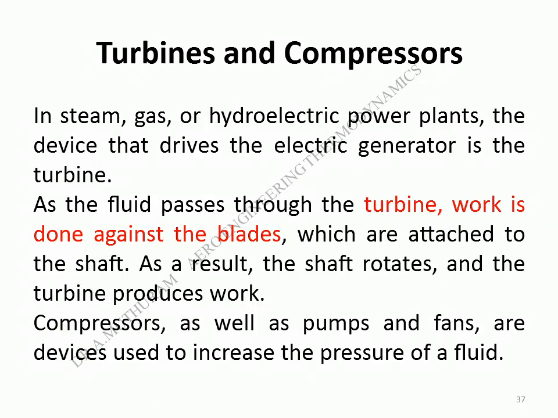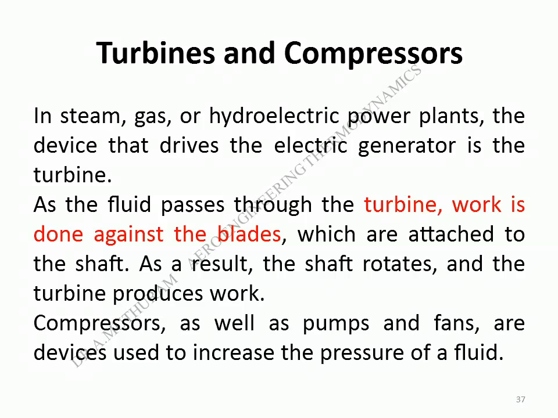Turbines and compressors. In steam, gas, or hydroelectric power plants, the device that drives the electric generator is the turbine. As the fluid passes through the turbine, work is done against the blades, which are attached to the shaft.